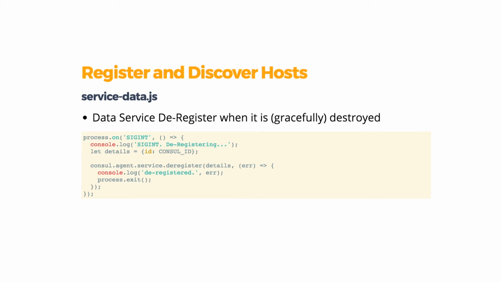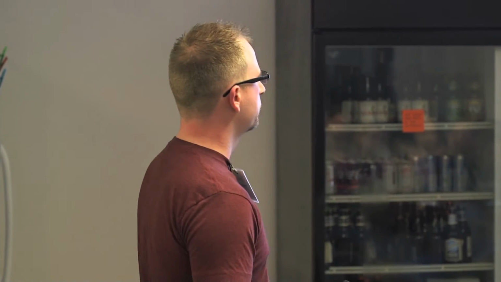Also in this data service, when the application is gracefully destroyed, so you can imagine hitting Control-C in your console if you're running this application, or if you're using a tool like Mesos, once the process needs to be shut down, it will be given a signal so that it can gracefully terminate itself. In this case, we're listening for a signal interrupt.